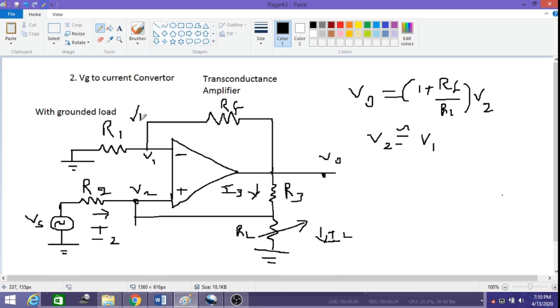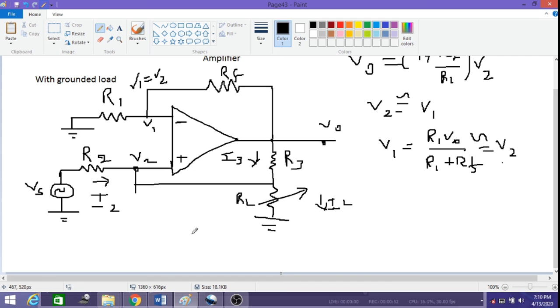Therefore, at this point, V1 is also equal to V2. If I apply the voltage divider rule at this point, then V1 is equal to R1 into V0 divided by R1 plus RF, which is also approximately equal to V2 due to the virtual ground concept.